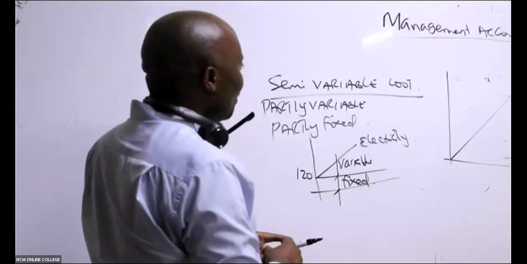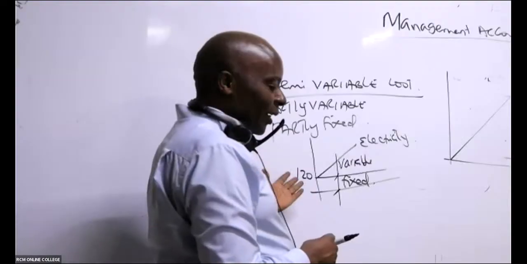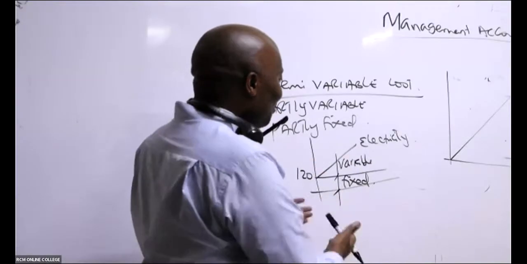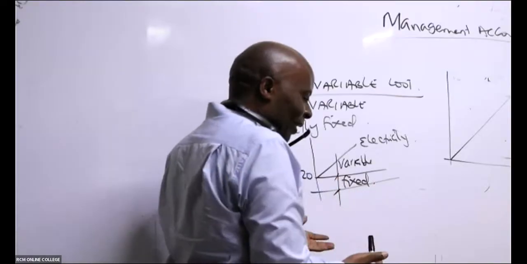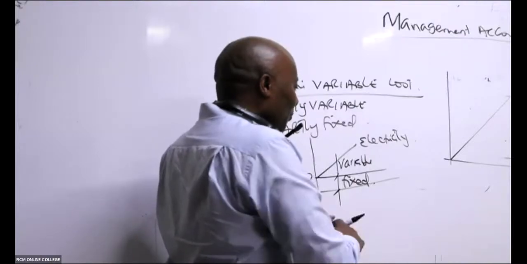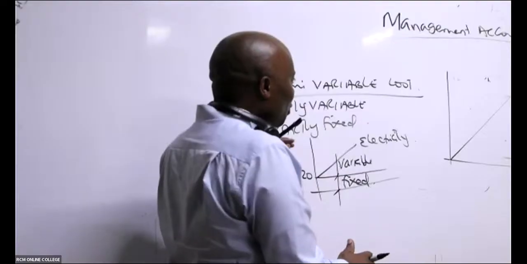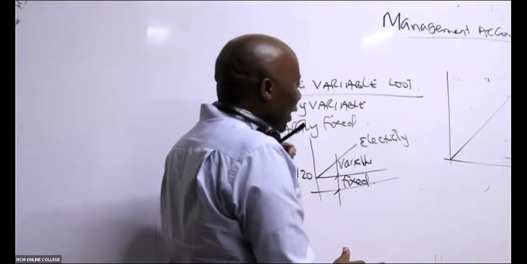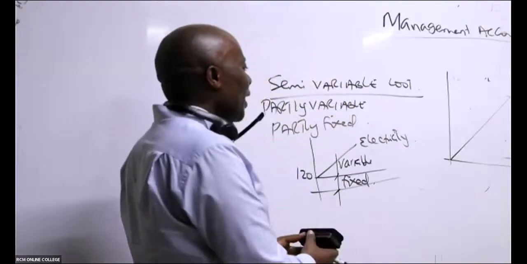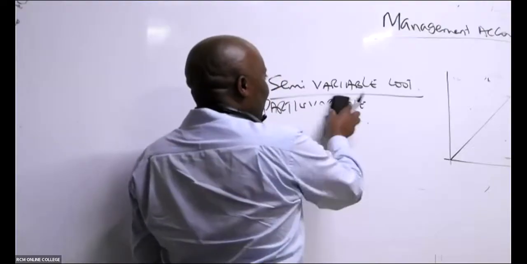Now, people who do not understand semi-variable cost very well, you always get them at Kenya Power, always crying, but I never used anything. Why are you still charging me? But these people have given you their machines, their meters, isn't it? You have to pay some rental fees for them. That rental fee is fixed and applicable to everybody. So there are those costs, ladies and gentlemen, that have to be in a card, whether you like it or not. So that is semi-variable.